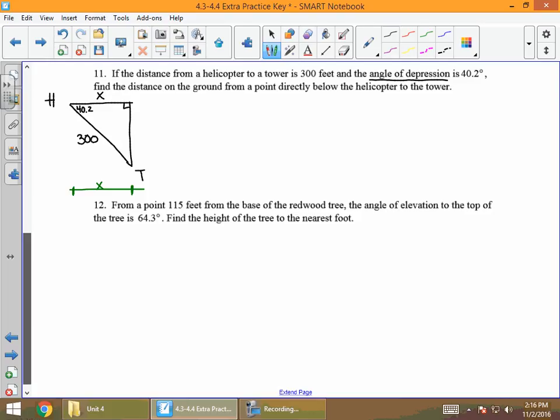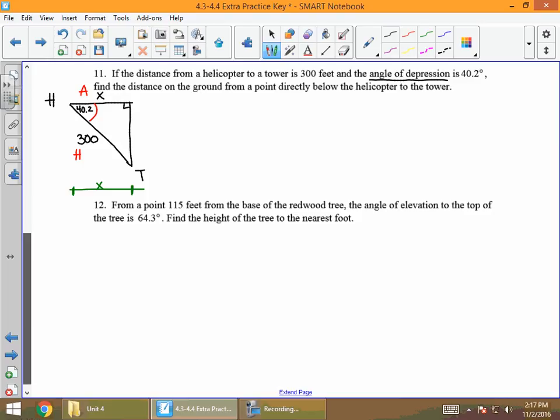So that's what I'm looking for. All right, let's get to the trig. So there's my angle. So this is opposite, adjacent, hypotenuse. Which one am I not messing with? I'm not messing with opposite. It has nothing. It's useless for me.